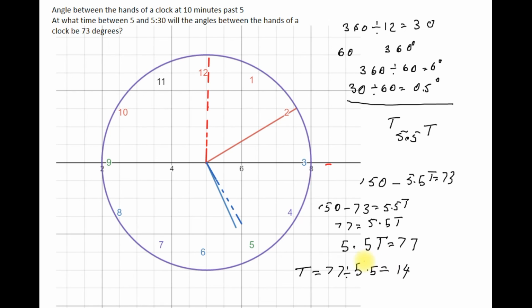So that means at 14 minutes past 5, the angle between the big hand and the little hand will be 73 degrees.